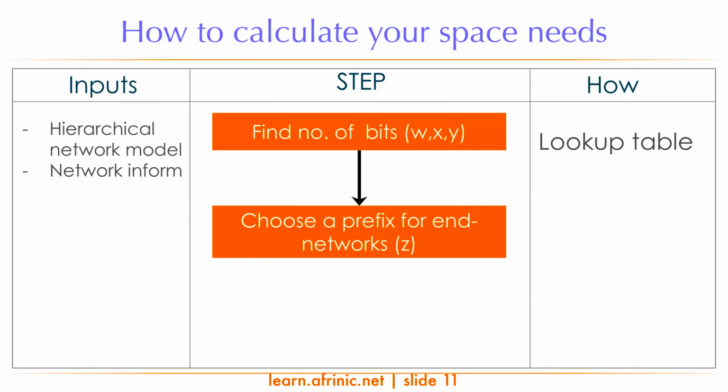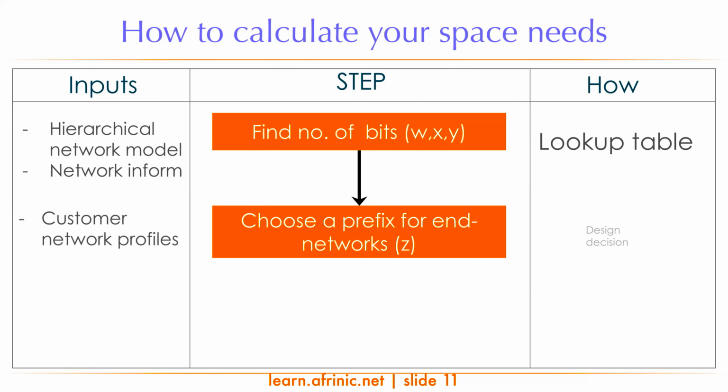After getting the number of bits needed for each level of your hierarchy, you also need to decide on the end network prefix. So the number of bits, in this case, we've denoted them by W, X, and Y. And then you need to choose a prefix that you're going to allocate to your customer.